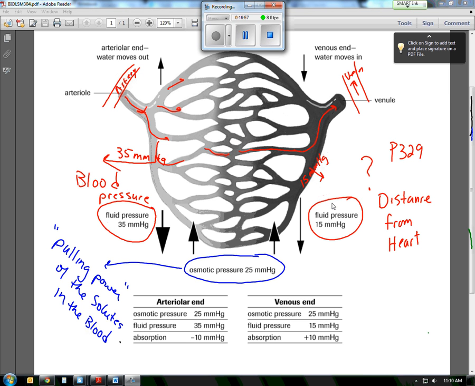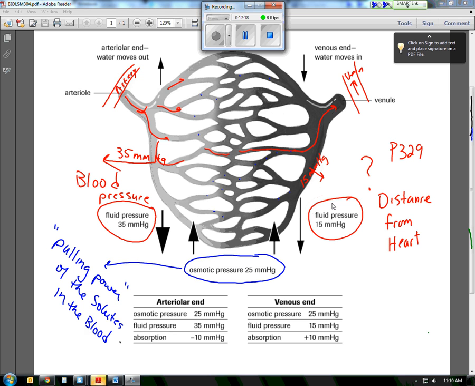In other words, there must be some solutes that stay in the blood vessels and never leave, that are going to create this constant osmotic pressure no matter where you are in there. There's always going to be something in there drawing the water back in.